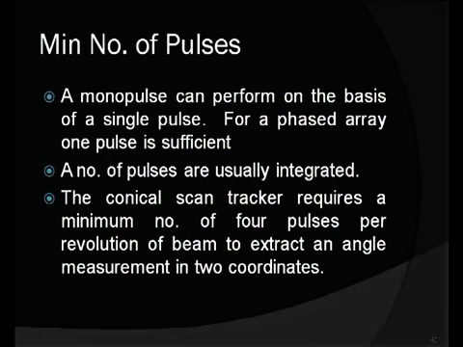Let us see in terms of minimum number of pulses. A monopulse can perform on the basis of a single pulse. For a phased array, one pulse is sufficient. But normally, a number of pulses are usually integrated. The conical scan tracker requires a minimum of 4 pulses per revolution of the beam to extract an angle measurement in 2 coordinates.